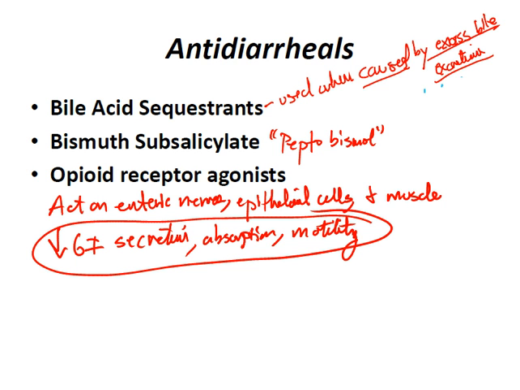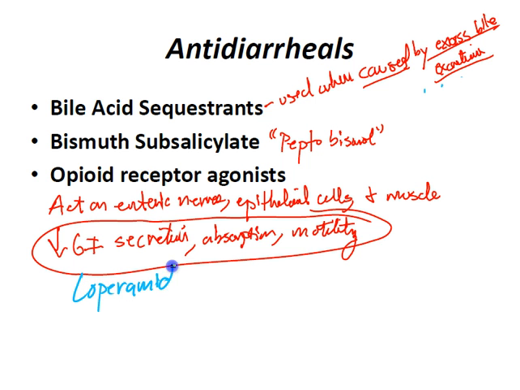It's a commonly prescribed over-the-counter opioid antidiarrheal. It is preferred due to its why. Let me ask you a question. Why is loperamide the preferred or most commonly prescribed over-the-counter opioid antidiarrheal?